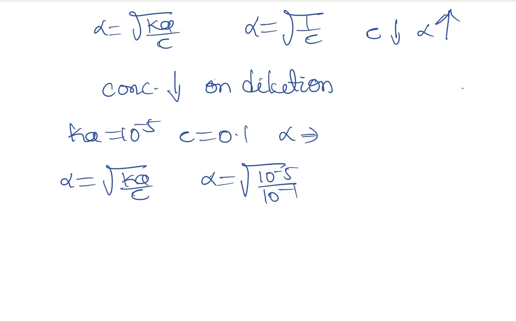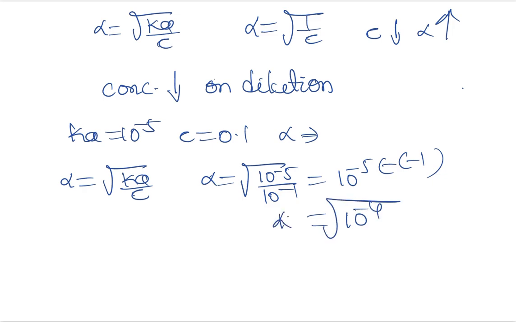Using 10 to the power of a by b, we write 10 to the power of a minus b, so 10 to the power of minus 5 minus 1, which is root of 10 to the power of minus 4. Then alpha is equal to 10 to the power of minus 2, so alpha is equal to 0.01. So 1% ionization will be there.